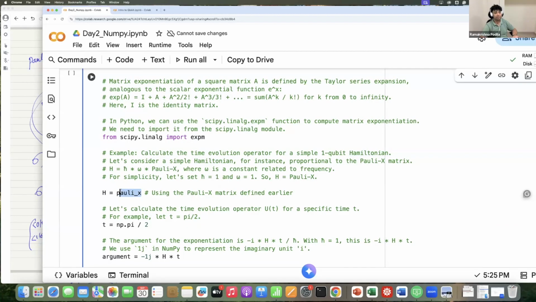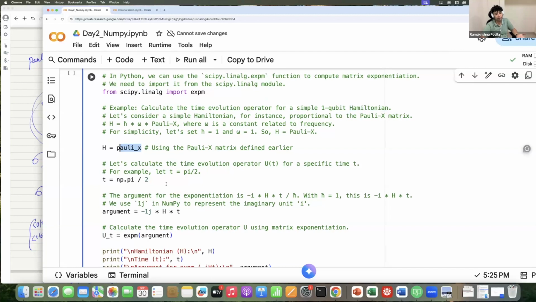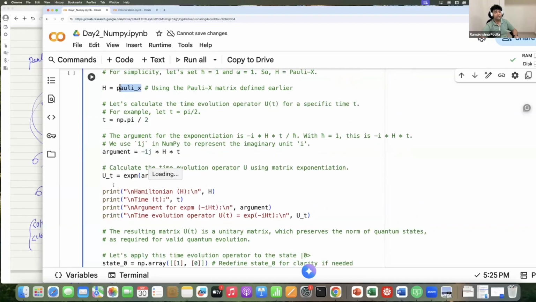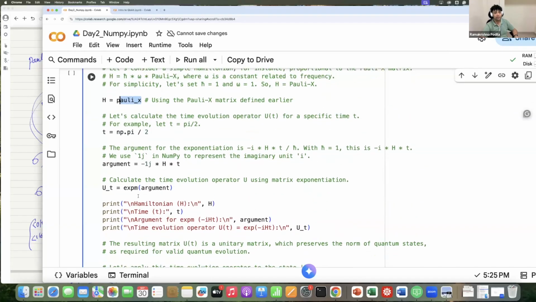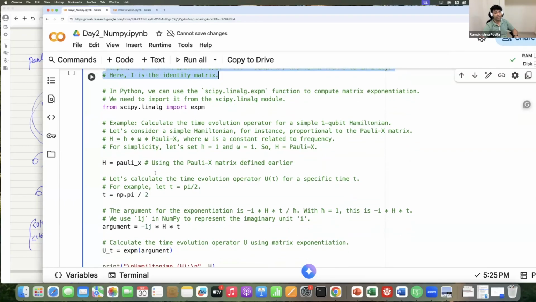So we have this Pauli X matrix. Then we are going to take some random time, say pi by 2, and we want to do minus iHt and take the exponential of that argument. That gives us the unitary operator. When you do this exponential, it is expanding the series that you have here.